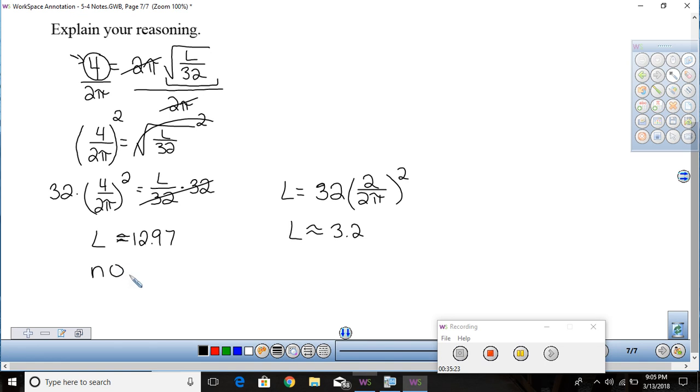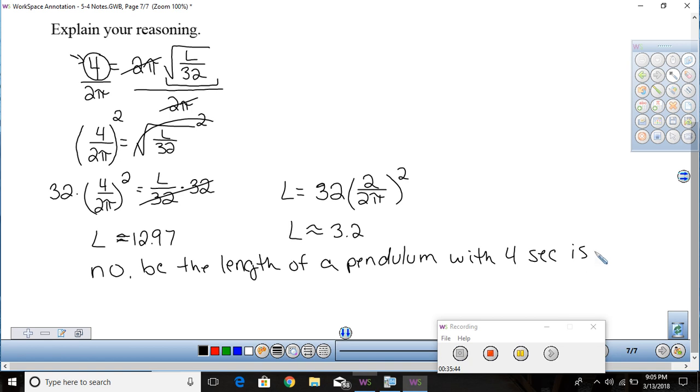no, because the length of a pendulum with 4 seconds is 12.97 feet.